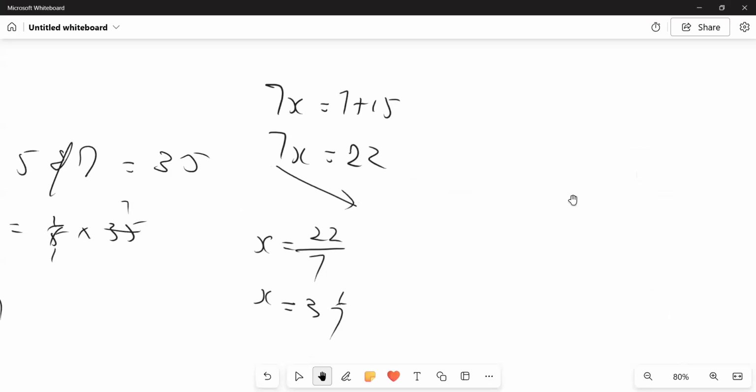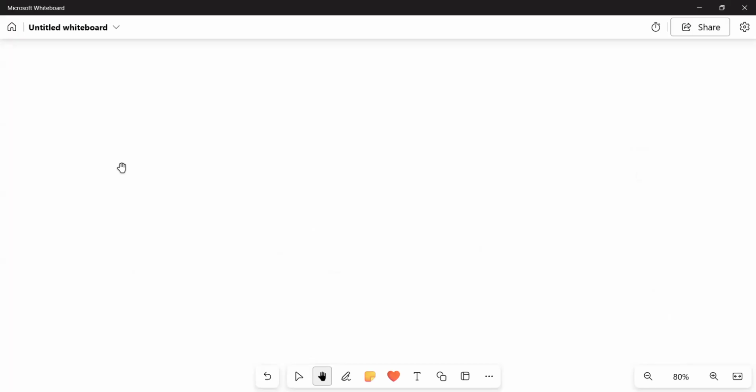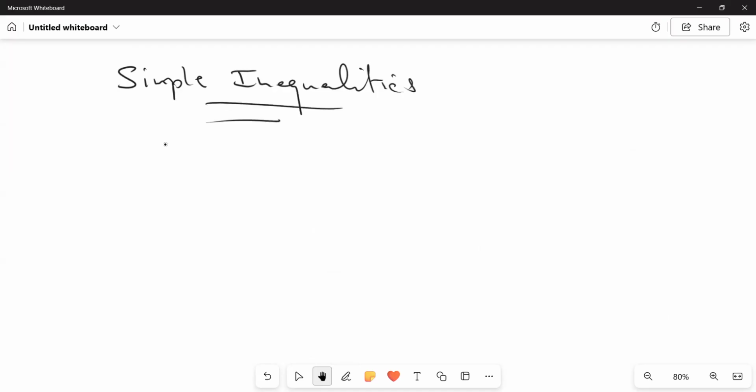All right, so let's turn our attention now to simple inequalities. Some books, the textbook and the course outline, say inequations. That's not a problem. So how do we solve inequalities?